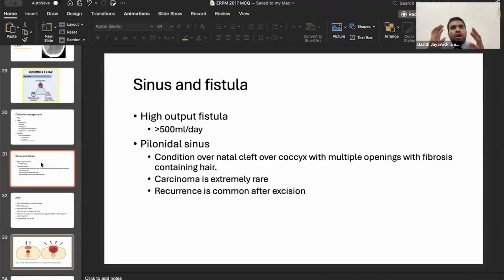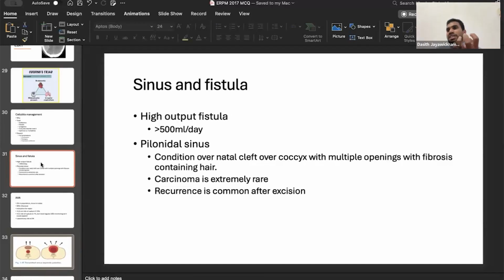For example, if you have pressure in some compartment, it will try to release the pressure, like in a pressure cooker. So they form a sinus along the least resistant pathway and drain, but they are draining against gravity. As long as there's pressure in the collection, it will drain. Once the pressure reduces, the draining will stop.